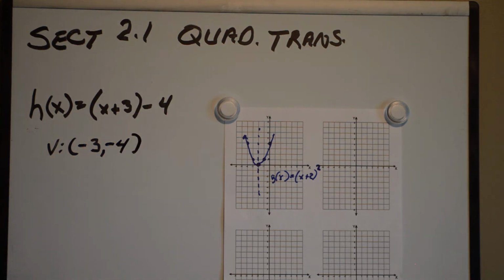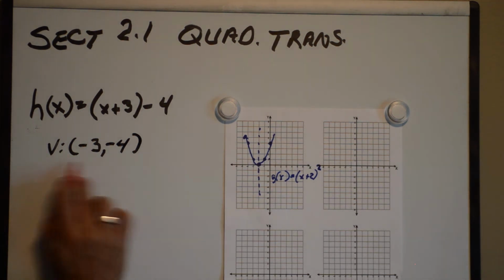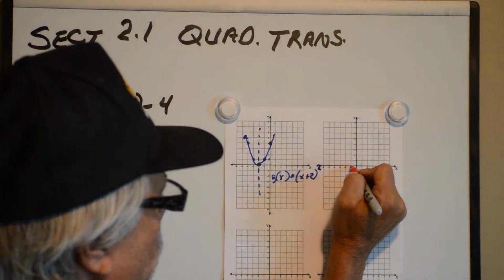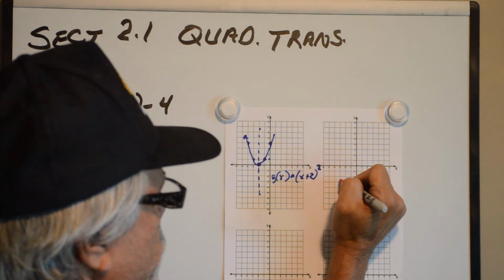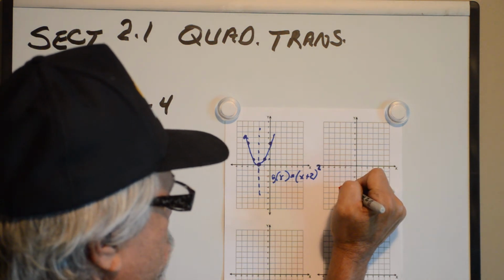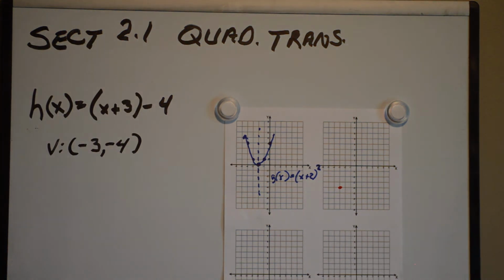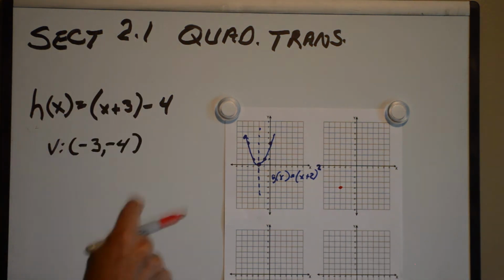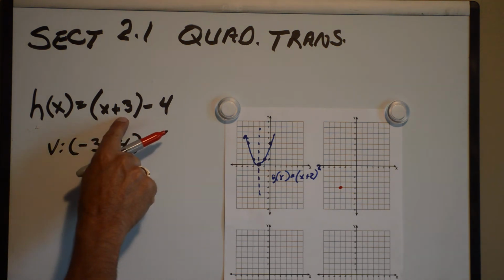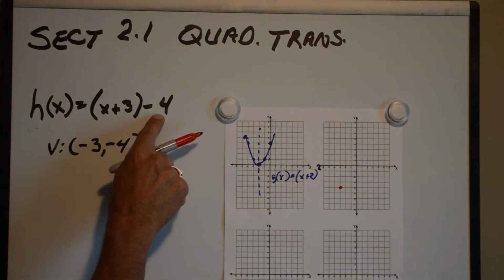You can do it the same way as what I just did. You can just plot the vertex, negative 3, negative 4. Now you can do it the way I said before, just to check. This says go to the left 3, that says go down 4.